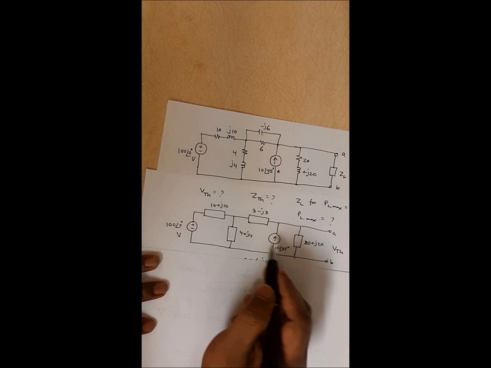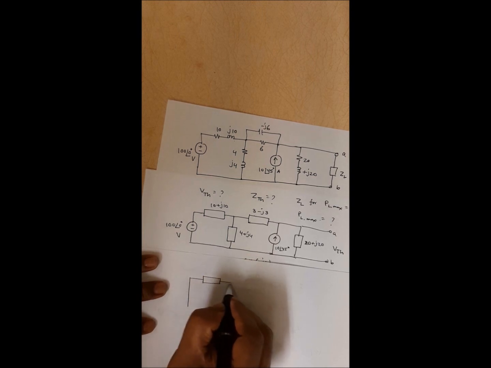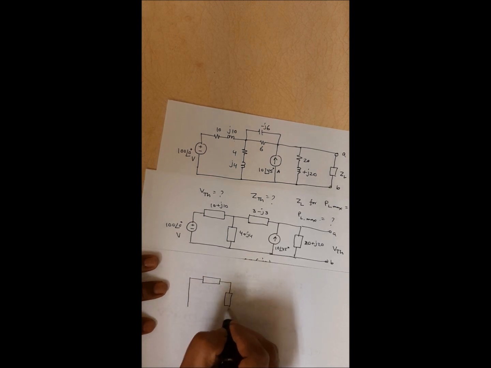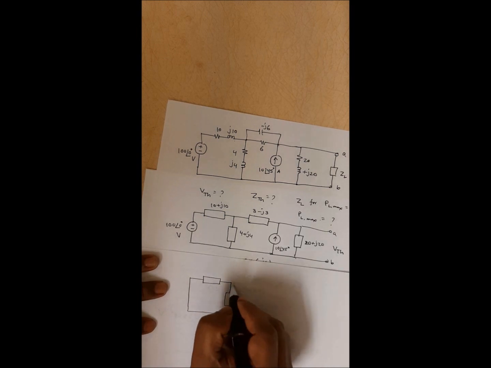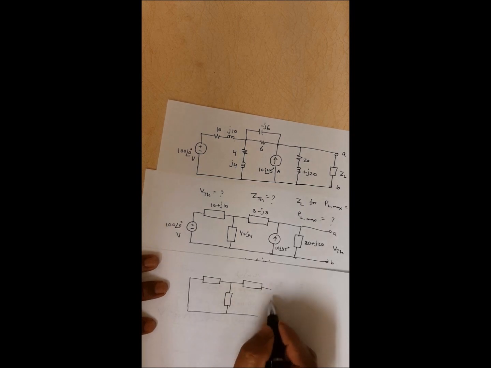To find Thevenin impedance, we need to remove all the independent sources here. So I remove the voltage source with 0 volt, that is, I short the voltage source. Then I open up the current source and look from the terminals AB. So that will be Z Thevenin.